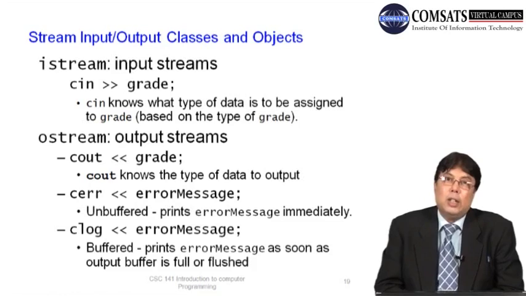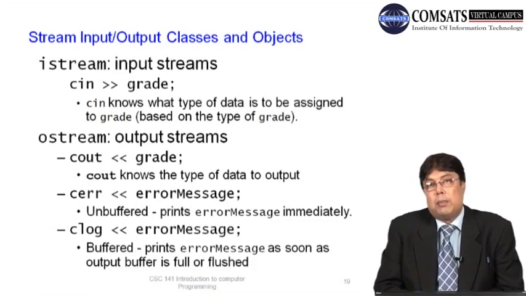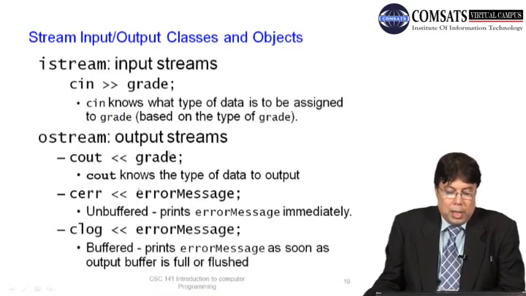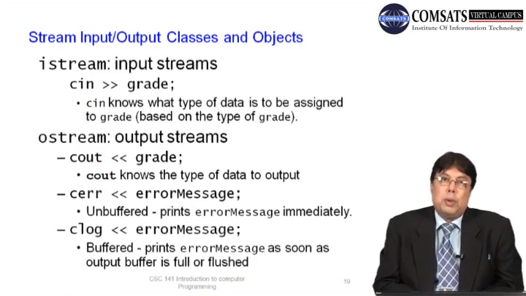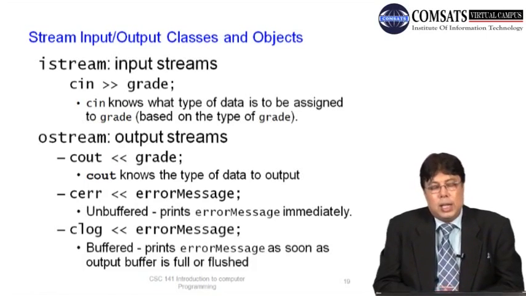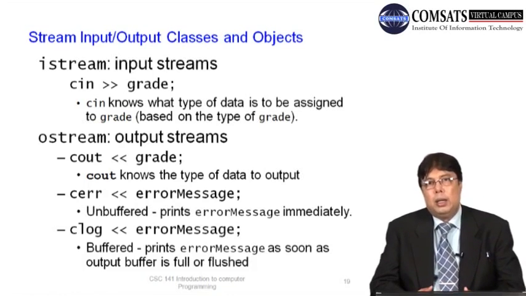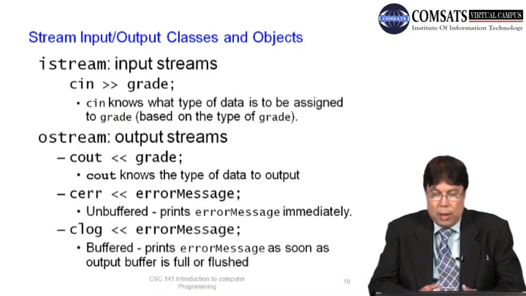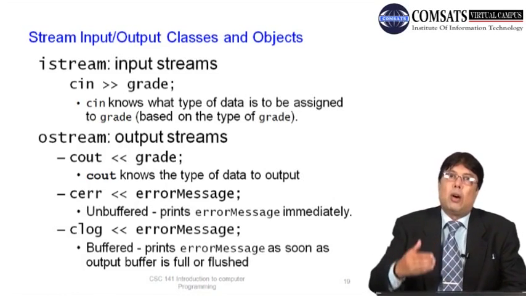cerr is basically for your error messages, so it must have some data type, and it could be a string, that is an array of characters. It is an unbuffered error output, meaning whenever a message appears, it is printed onto the console or screen, whatever cerr device you have defined. But sometimes you keep a log of all error messages, and once the log is full, you display it on the screen.